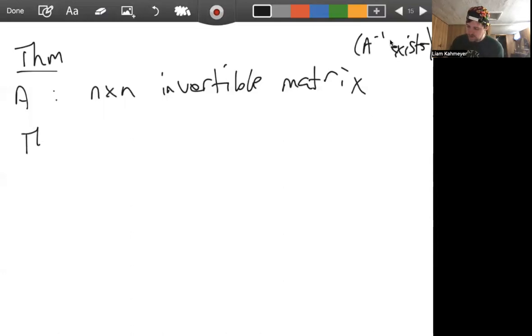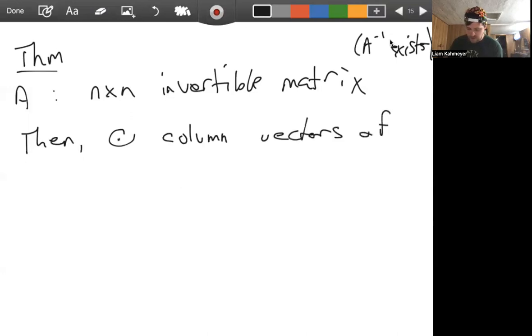Then the column vectors of A are linearly independent and span the entire ambient space.